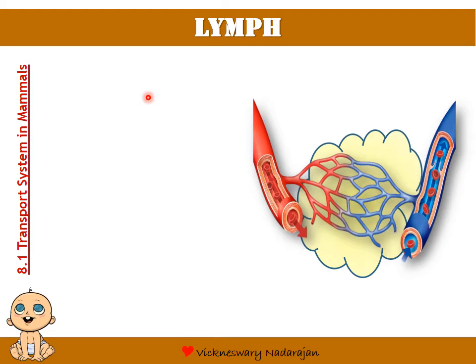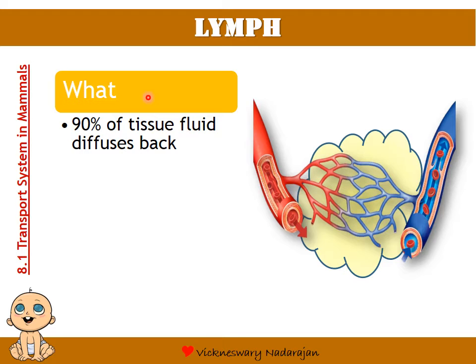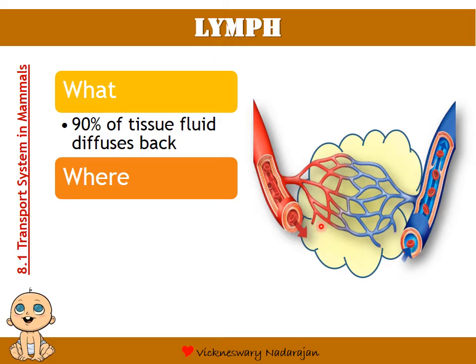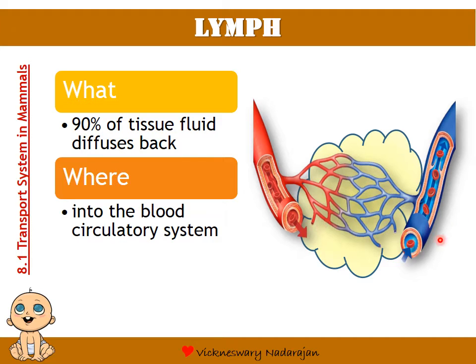So then, what happens to the tissue fluid? You find that actually 90% of the tissue fluid can diffuse back into the circulatory system. How is that? As I mentioned earlier, at the junction between the venule and the capillaries, the diameter is increasing. Therefore, the hydrostatic pressure is decreasing.